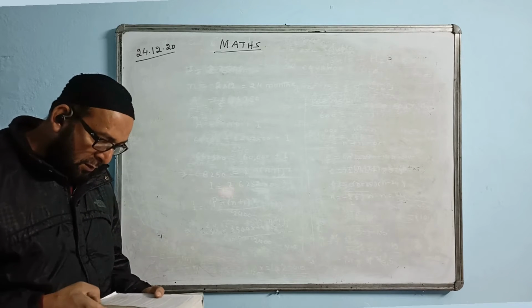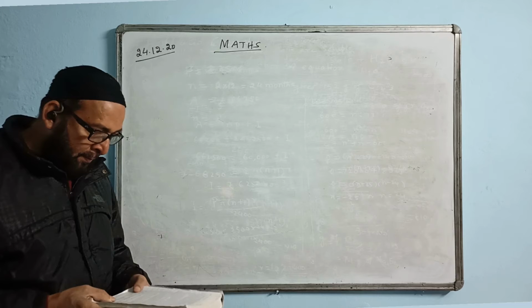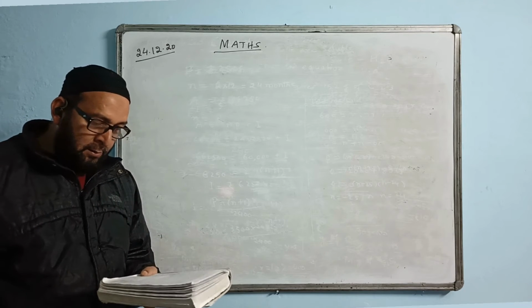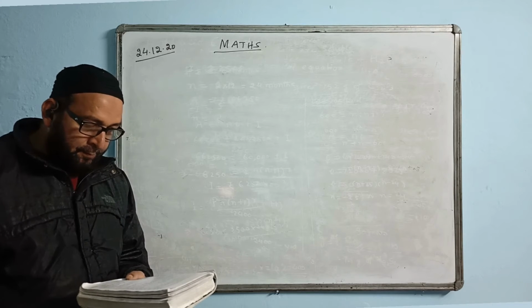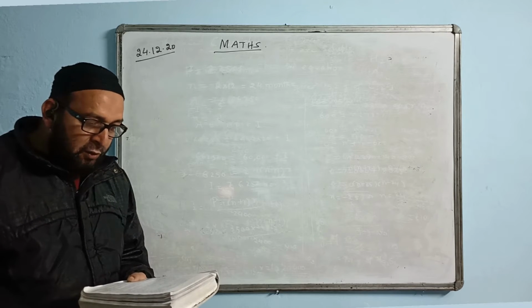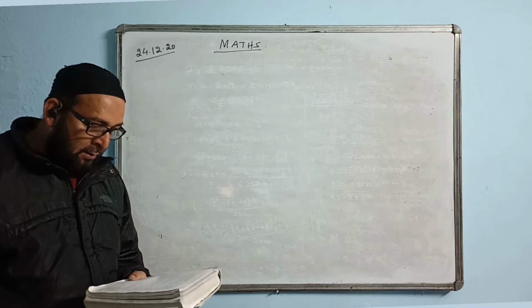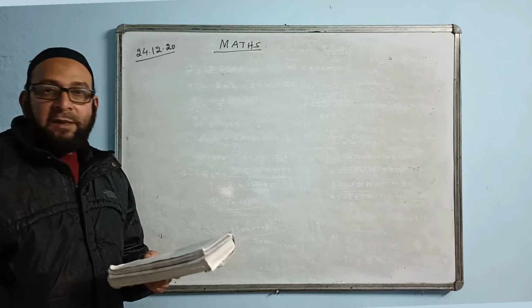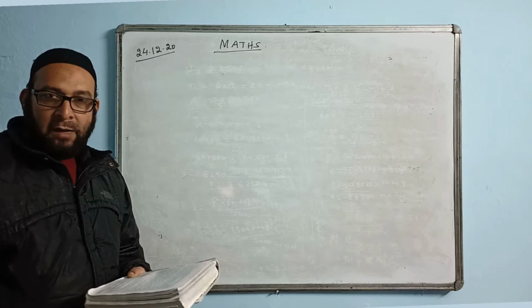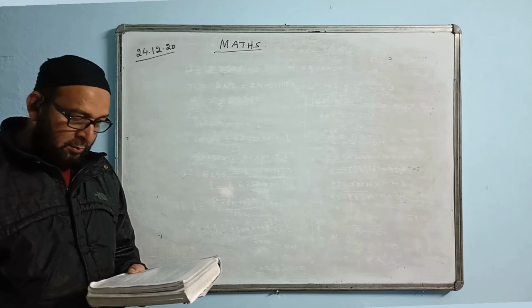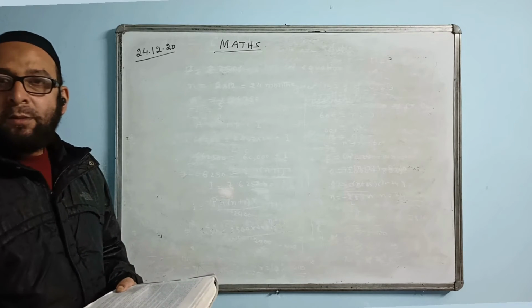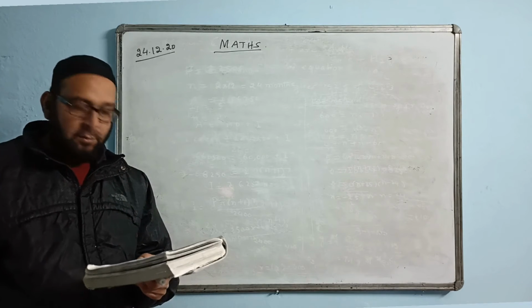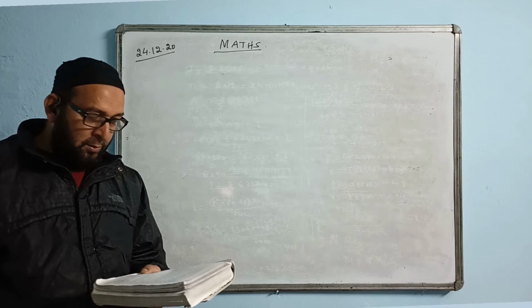So let us take a question. Okay, right. The monthly installment of an RD account, recurring deposit account, is rupees 400. Full stop.